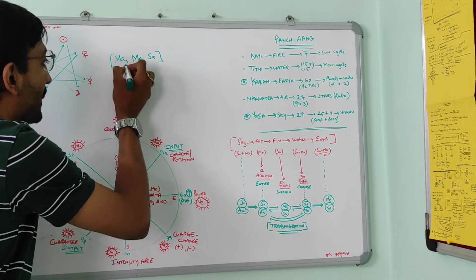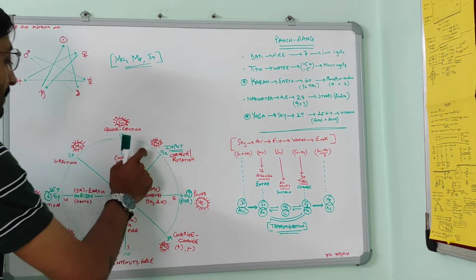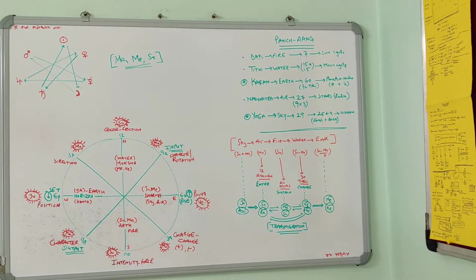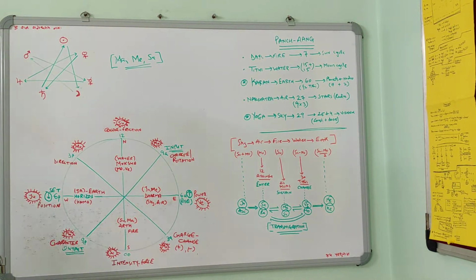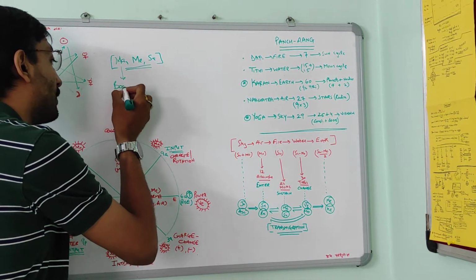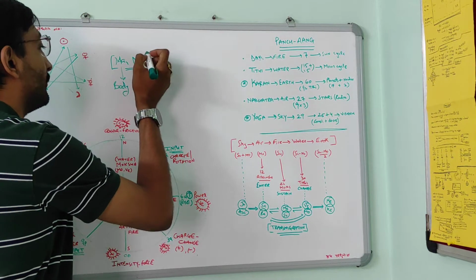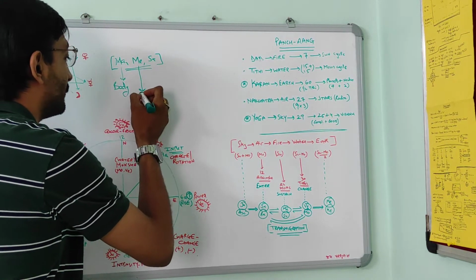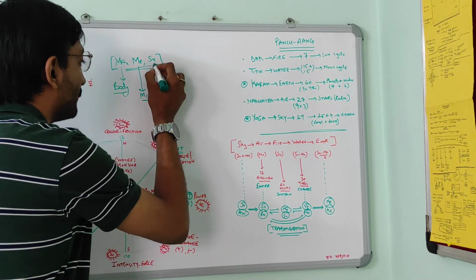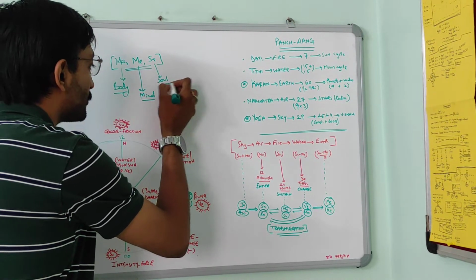Why didn't I add these three planets in the circle? Body, mind, soul.